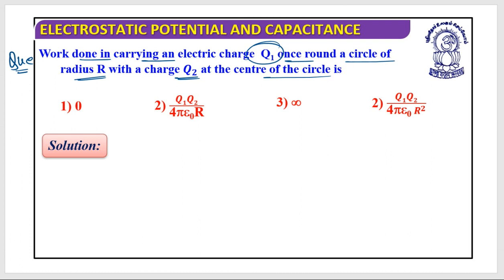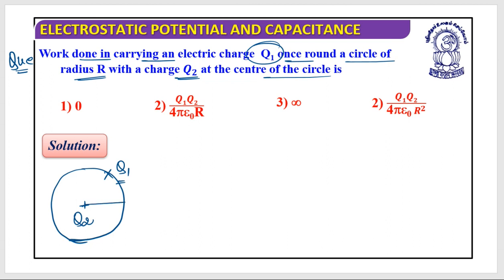There is a circle, and at the center of the circle there is a charge Q2, and one electric charge Q1. You need to take this charge Q1 round the circle, and the radius is given as r.